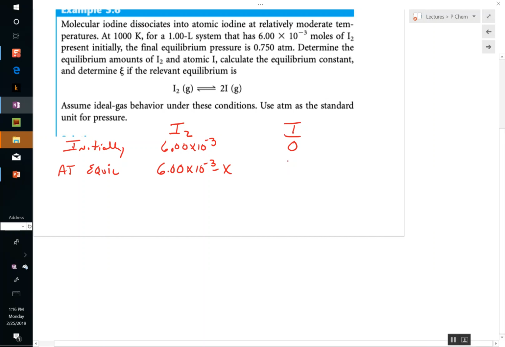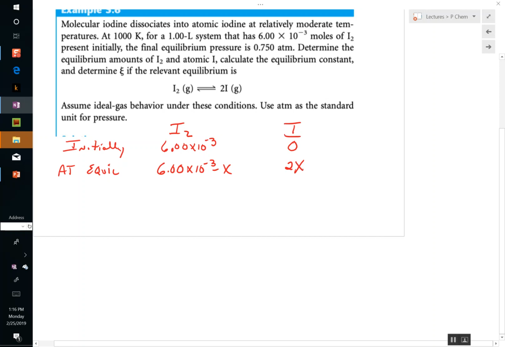And so we will get, Taja, how much iodine atoms will we get? Well, if 1 mole of this dissociates... Sorry, my bad. 2x. Okay, you just got to go by the coefficient.